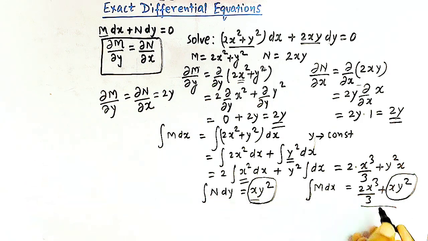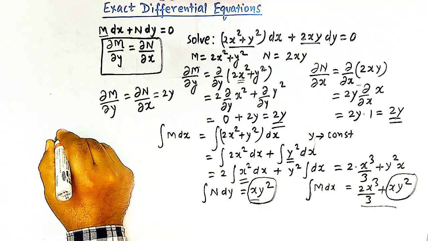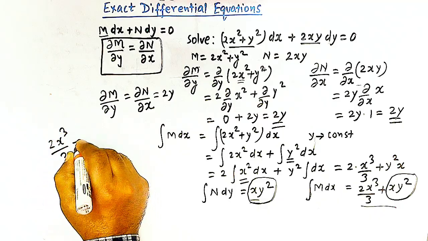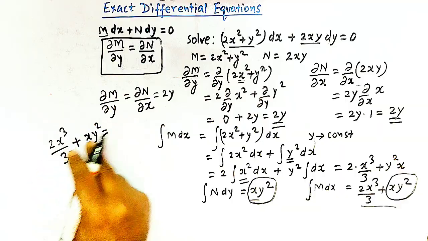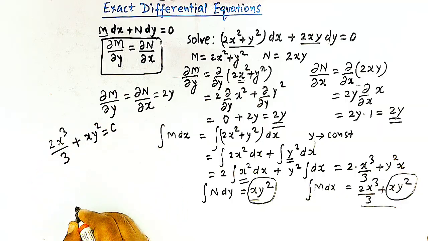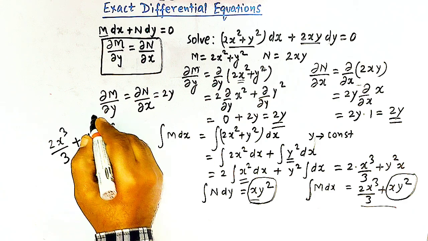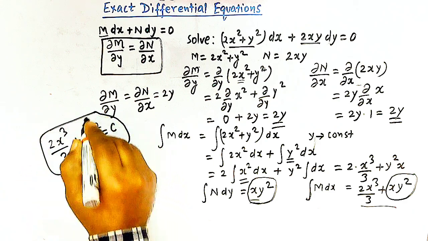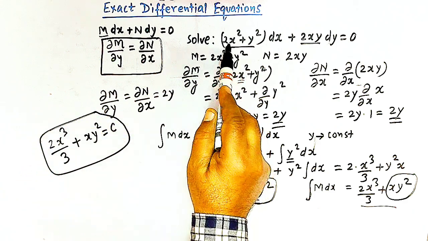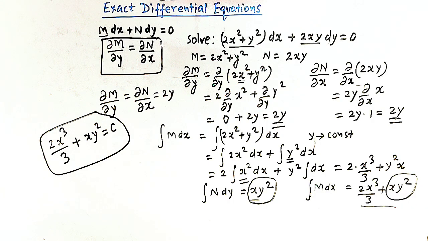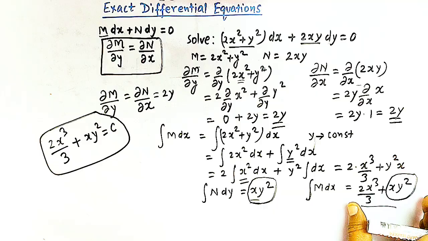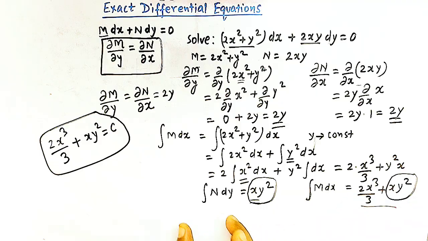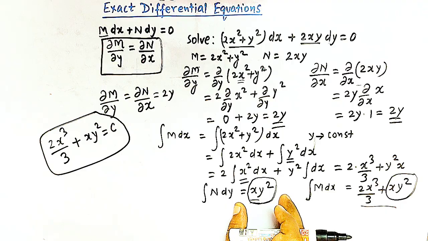So the general solution is now given by 2x cube over 3 plus xy square, and the sum is equated to a constant, say c. So this is the general solution of this exact differential equation, right? So when we find out the integral m dx, we get some expression, and when we find out the integral n dy, we get some expression, right?